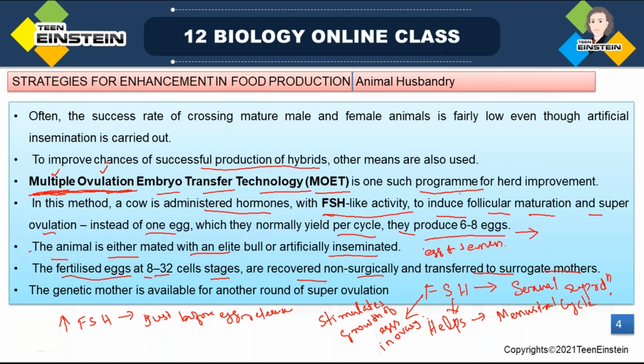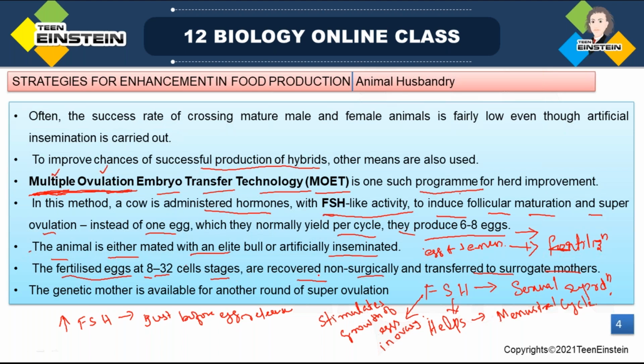Then egg plus semen, fertilization takes place, and after fertilization you can see the 8 to 32 cell stage. From here, the first part, ovulation, is over. Next is embryo transfer.